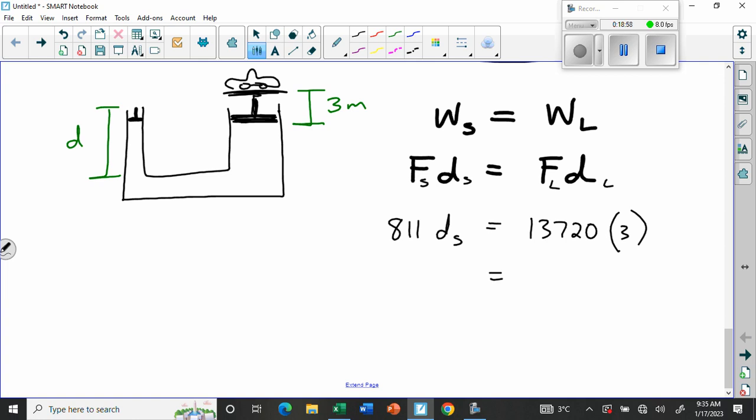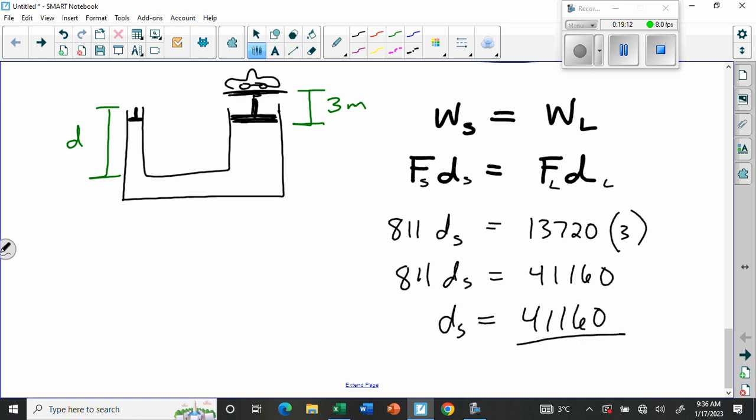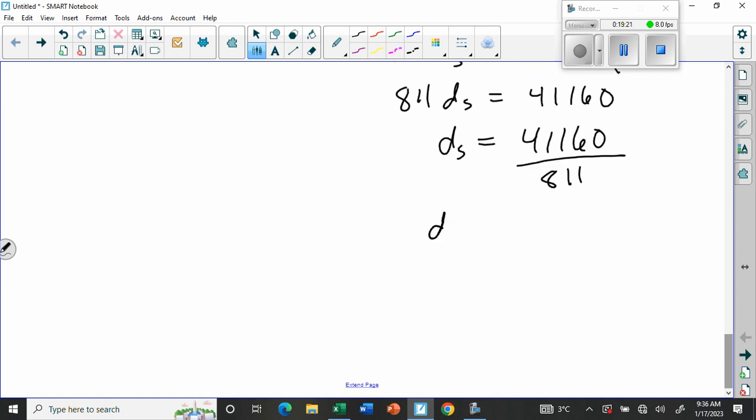So if we take the 13,720 and multiply it by 3, it's going to be 41,160. And then we have to divide both sides by 811. We divide that number by 811, and we get about 50. The distance that this would have to move is actually 51 meters.